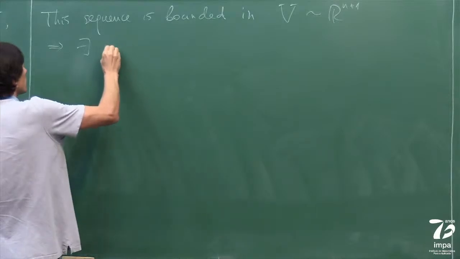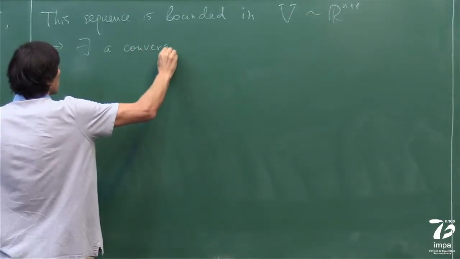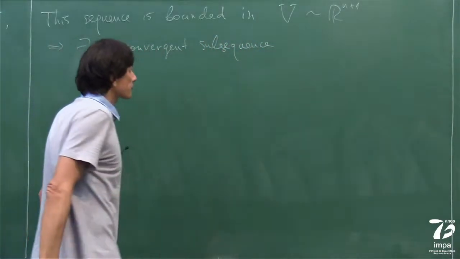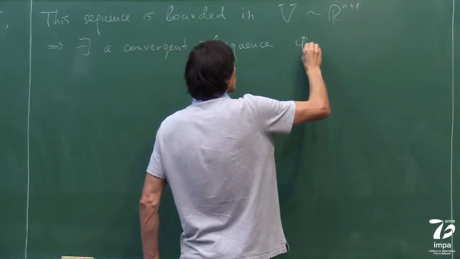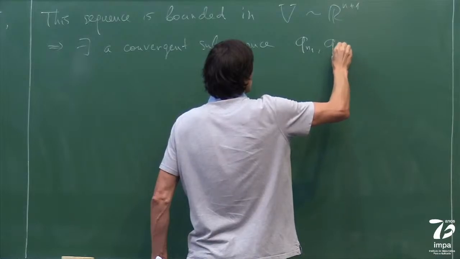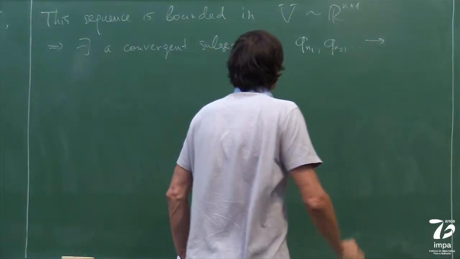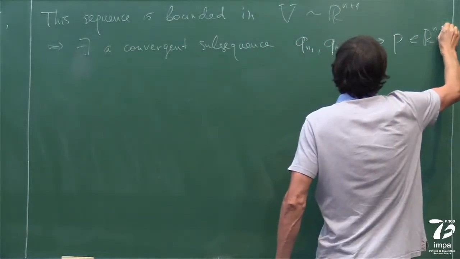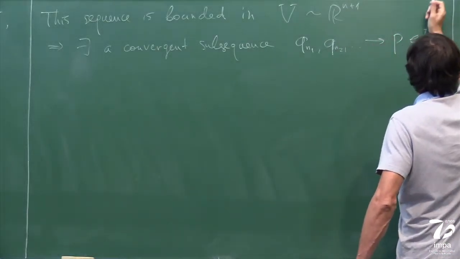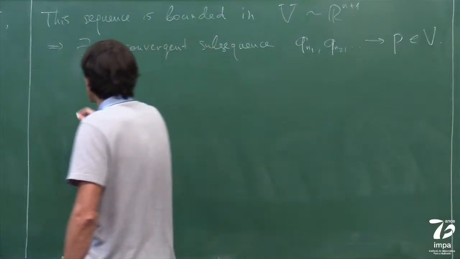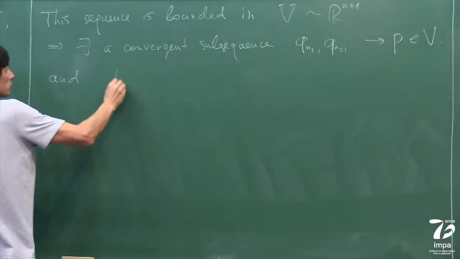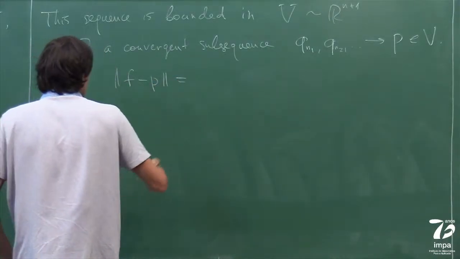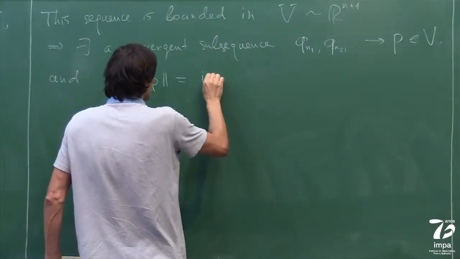So there exists a convergent subsequence, which converges, by definition, to some element in V. And by construction, the difference will be exactly equal to this inf.